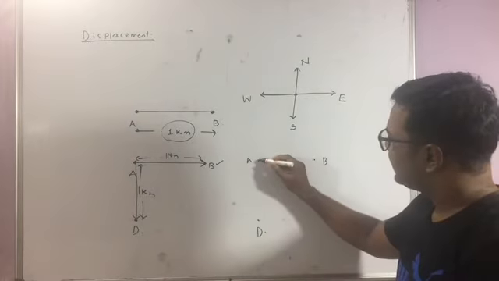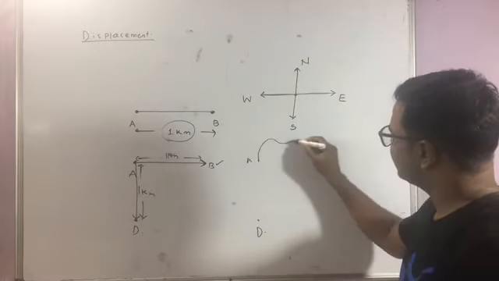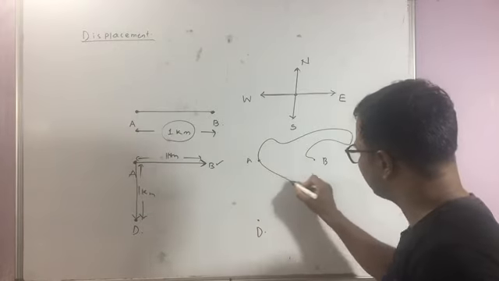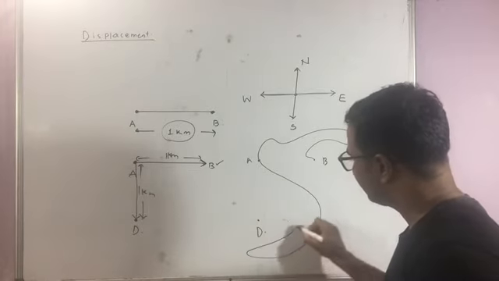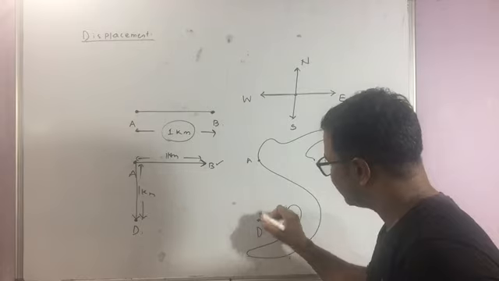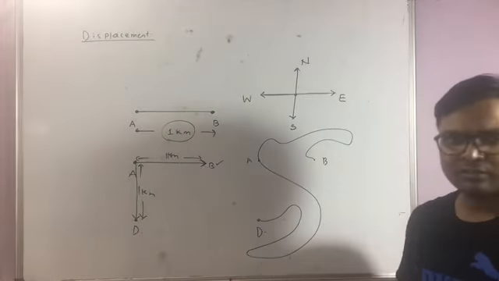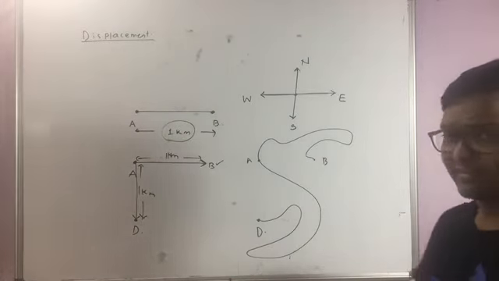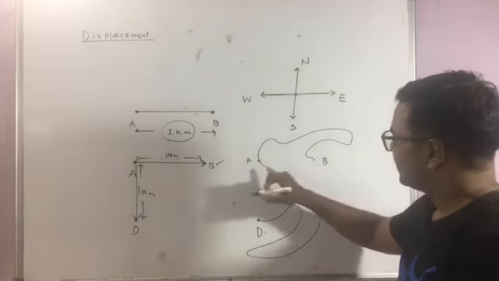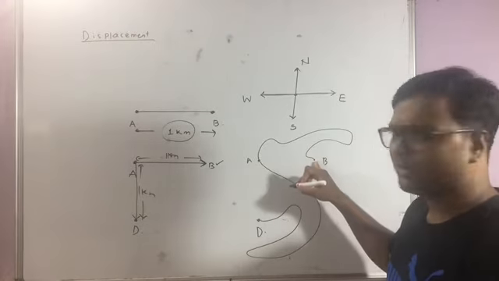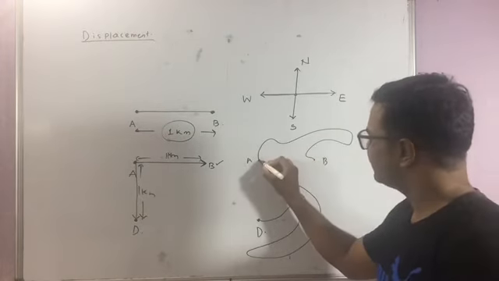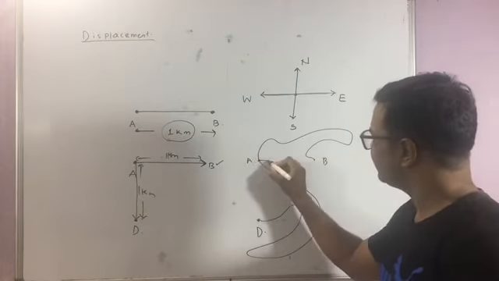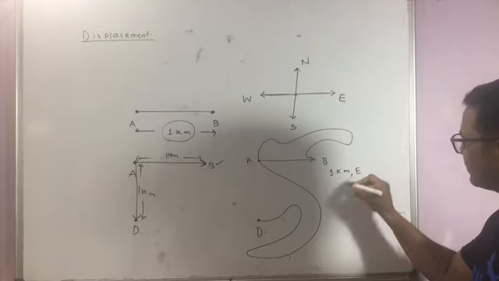One person moves this way and comes to point B. Another person moves here and again reaches point D. So in this case, for the person reaching B, the displacement is 1 kilometer east.